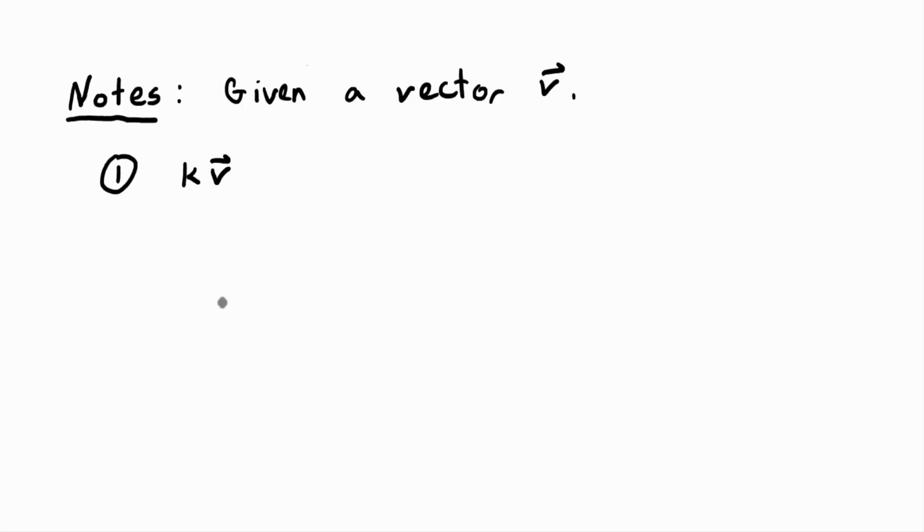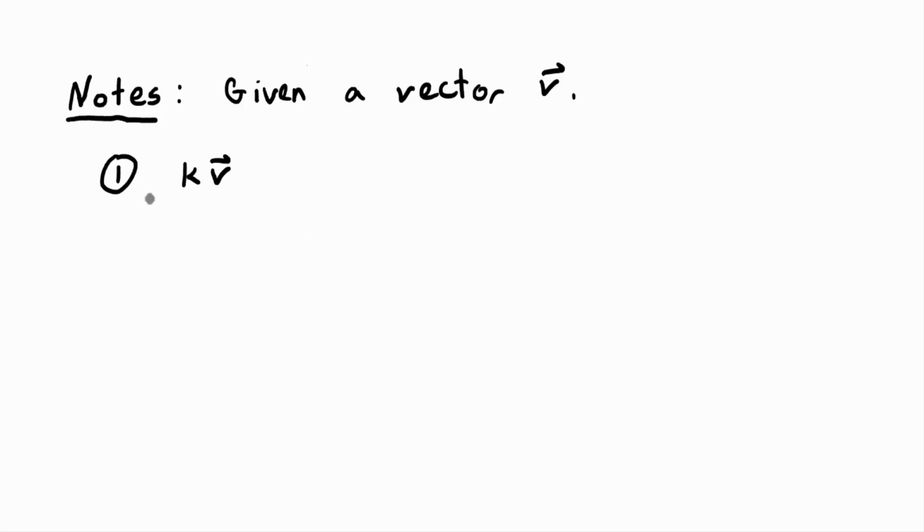So we're assuming K is a constant. K times V is a vector that is, let's say, the absolute value of K times as long as V. And if K is positive, then K times V will point in the same direction as V. And if K is negative, it'll point 180 degrees from that. It'll point in the opposite direction.